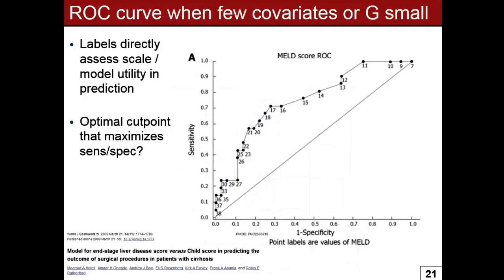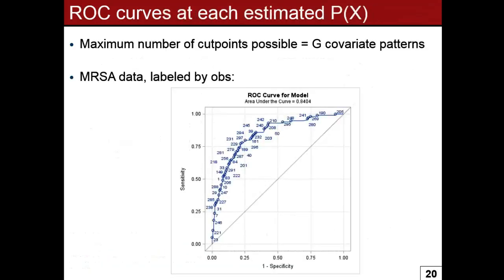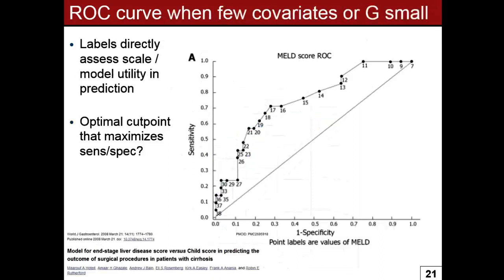So there's other ways to label the curve. Here we labeled it by the observations. But what if you had a single X variable? This is a paper we did. It was evaluating a single X variable that was a liver disease score as the X variable.